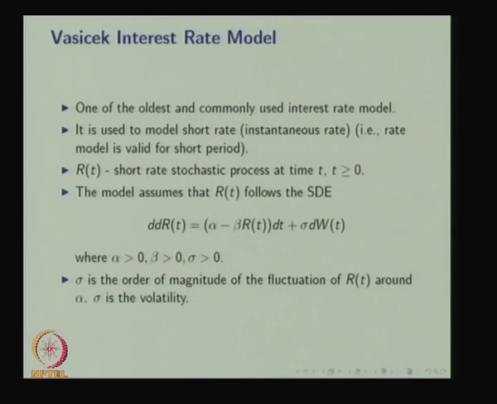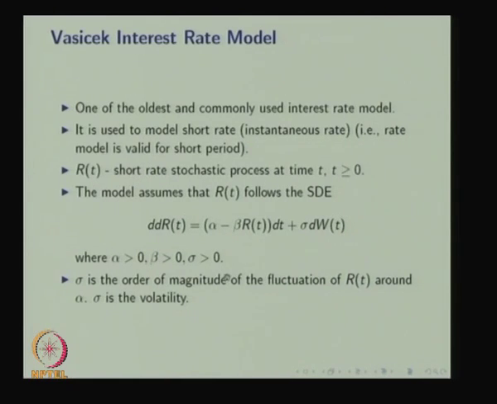Suppose capital R of t is a short rate stochastic process at time t. Then this model assumes the following stochastic differential equation: d r t is equal to alpha minus beta times r of t multiplied by dt plus sigma dWt, where alpha greater than 0, beta greater than 0, sigma greater than 0.